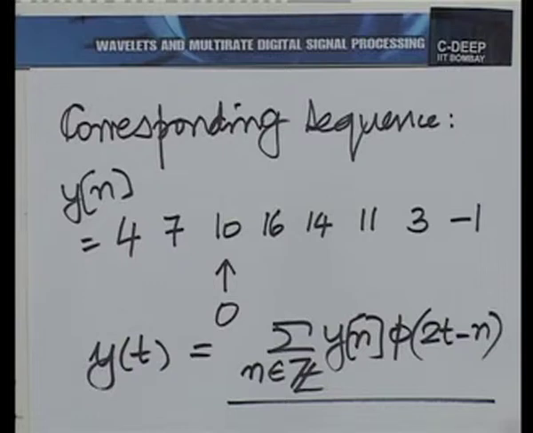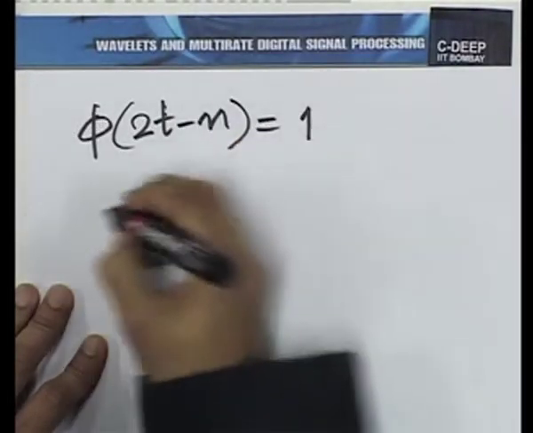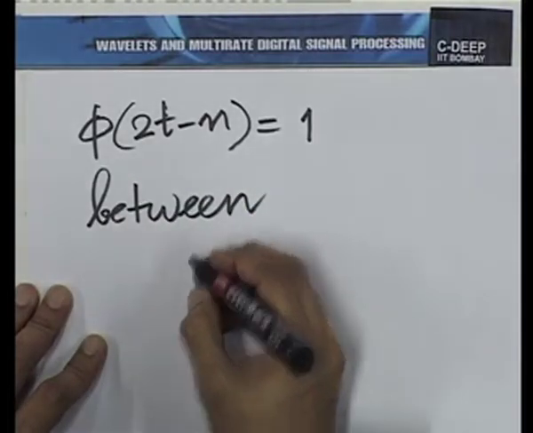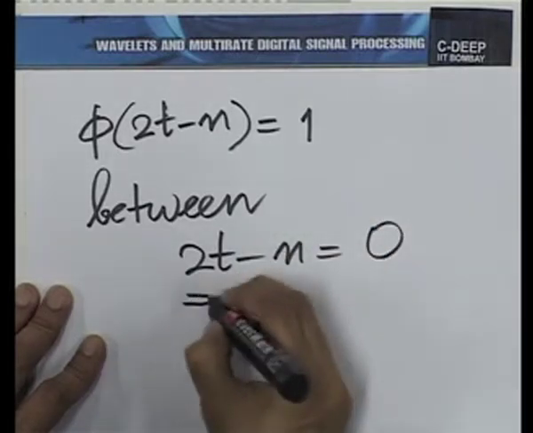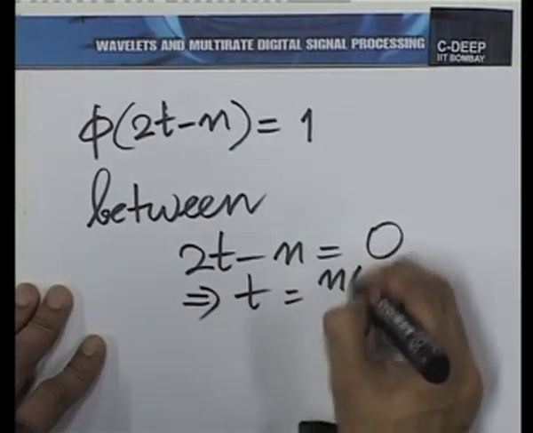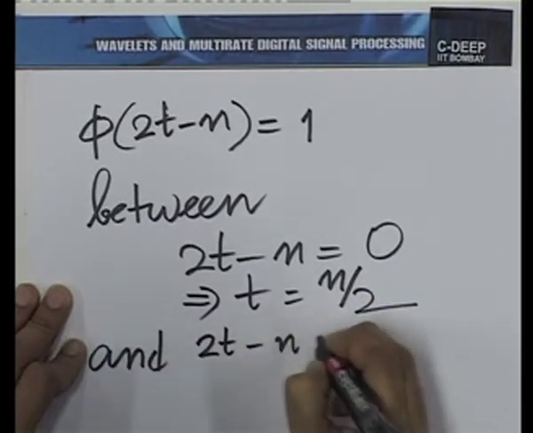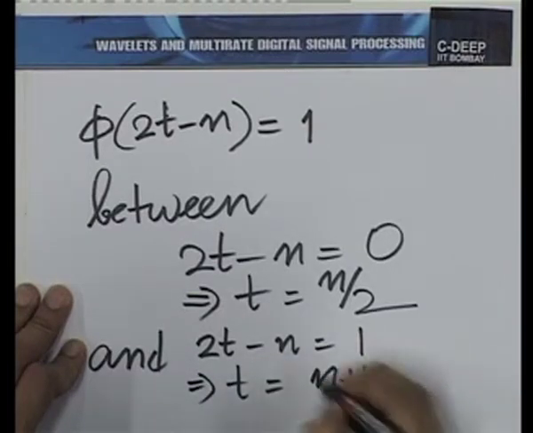Notice that phi(2t minus n) is by definition going to be equal to 1 between 2t minus n equal to 0, that is t equal to n by 2, and 2t minus n equal to 1, which means t is (n plus 1) by 2.